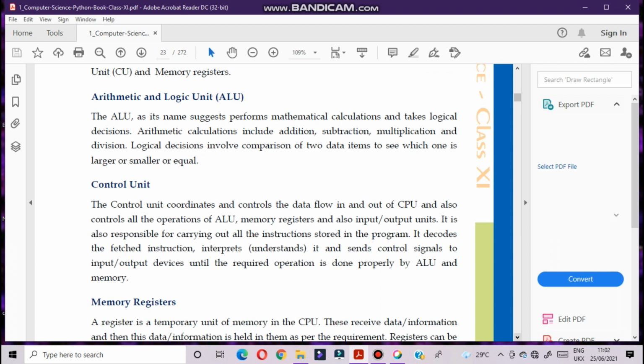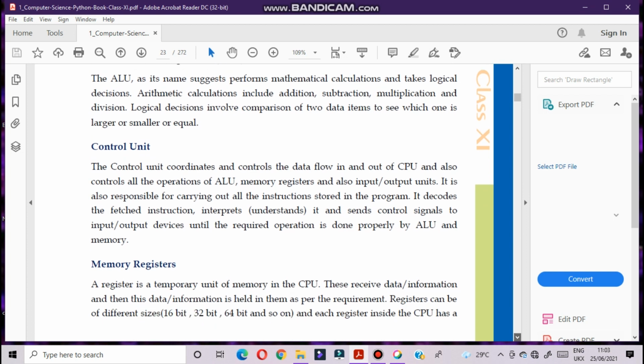So what is the work of the control unit? It controls all the operations related to the ALU, memory unit, and input or output devices.